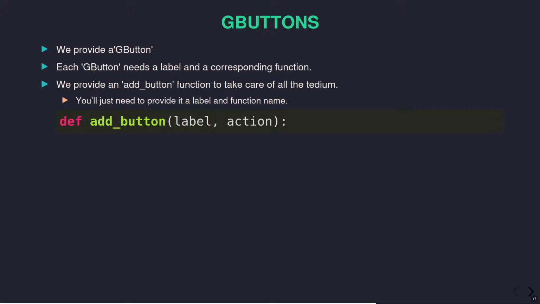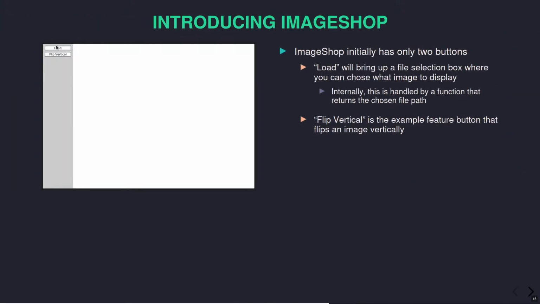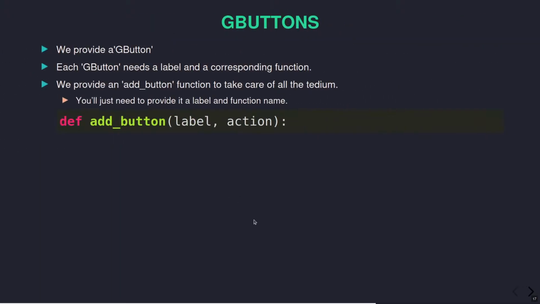We're going to provide a GButton. The GButton is the shape that looks like this. This looks like load or flip vertical. So you get a GButton, and I don't know who is responsible for putting the spaces in these slides. Look, I'm doing my best, right? Like, there's a lot of really good ballets going on in Portland right now, so I'm quite busy.